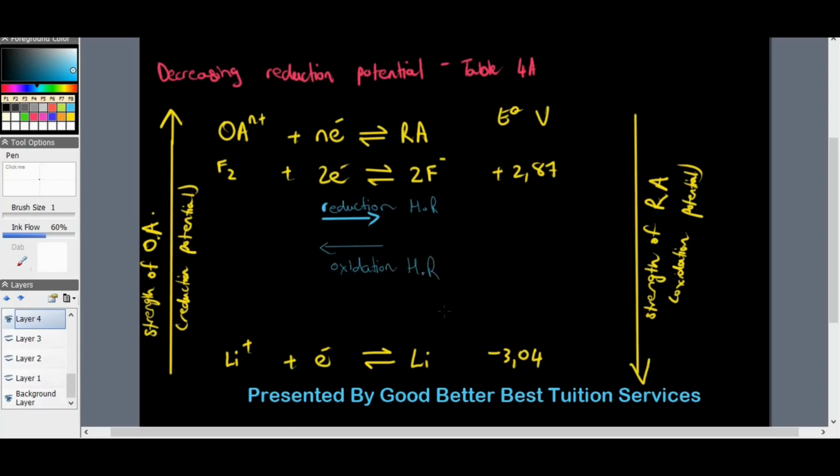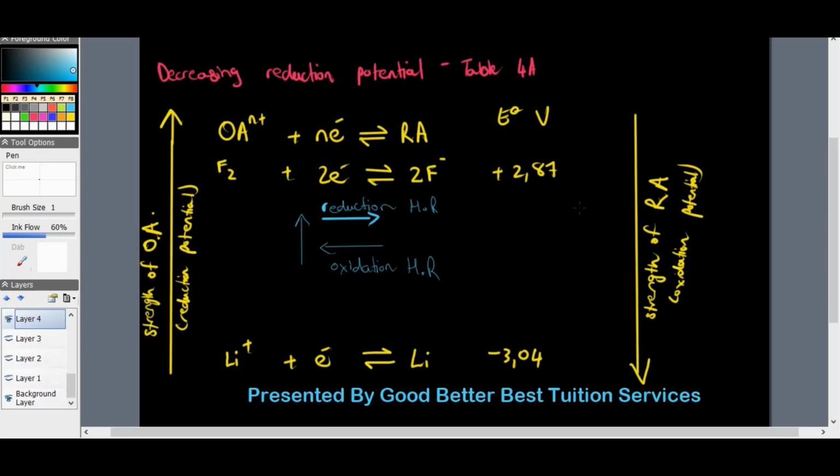And that's obviously the arrows as you go up the table. So as you go up the table, we've got oxidation half reaction going all the way up through the negatives, and once you get your positive values, reduction will go on top. That's how you look at it, and that's how you read table 4a.